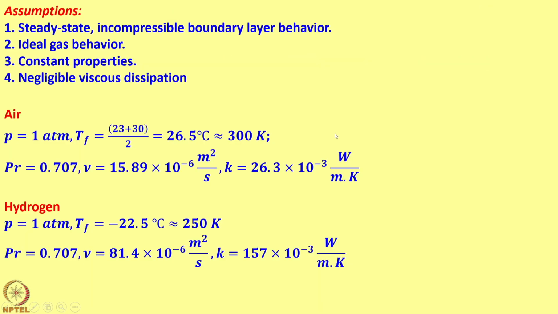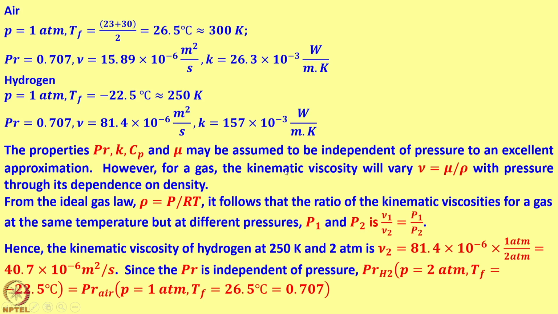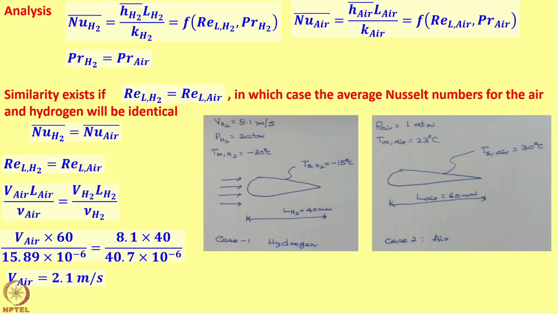Now the properties I take at the appropriate temperatures. If I check the Prandtl number, you can see that the Prandtl number of the air and the Prandtl number of the hydrogen are same. And so if you keep the Reynolds number and the Prandtl number same, then the Nusselt number also has to be same.